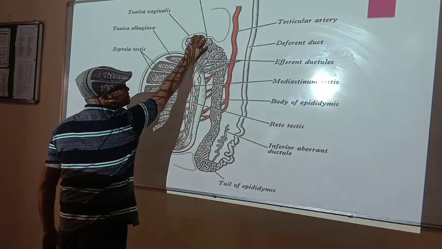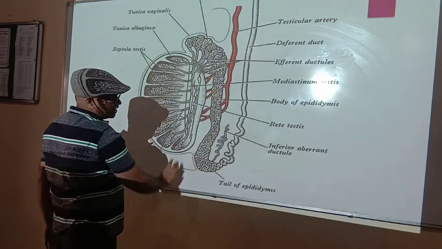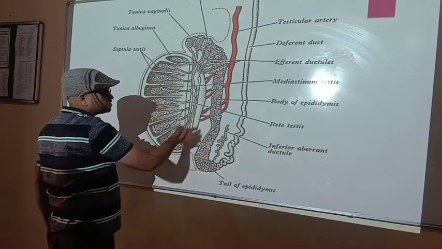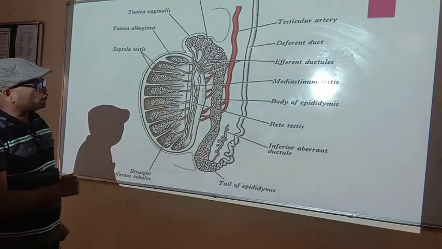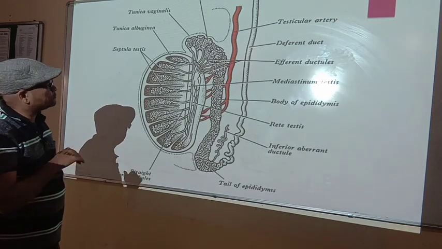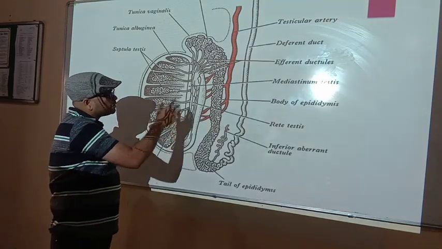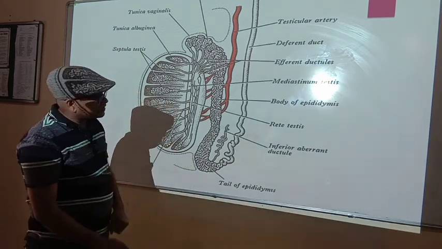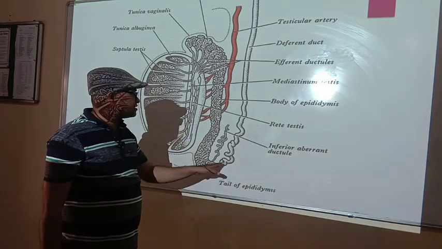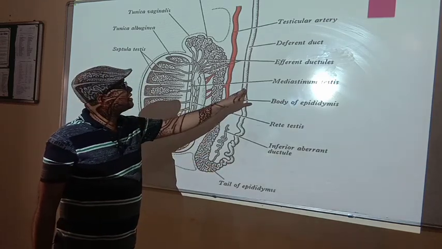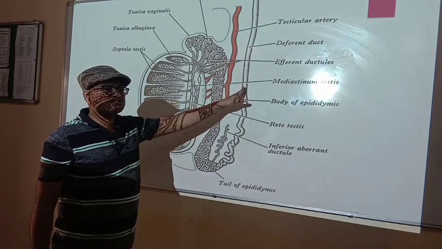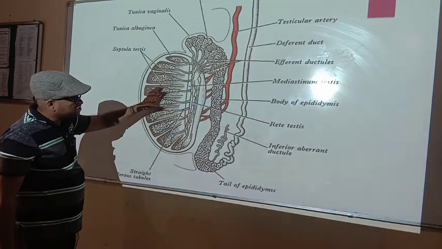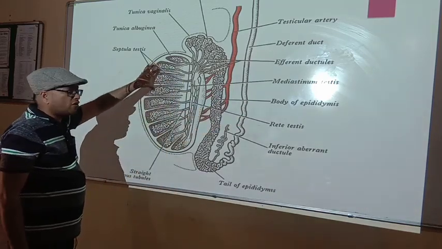It is the head of the epididymis, this is the body of the epididymis, and this is the tail of the epididymis. The epididymis provides a passage as well as a space through which sperms move and mature. After that, the tail of the epididymis gets straightened to make a long straight tubular structure called the vas deferens. So dear students, this is the internal structure of our testis.